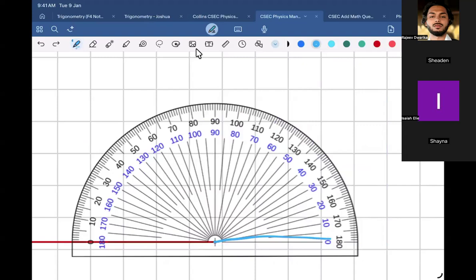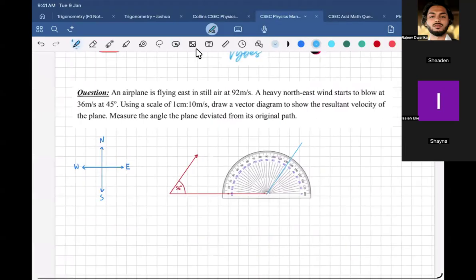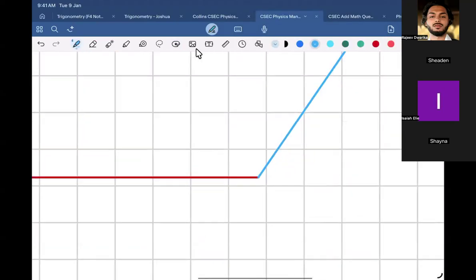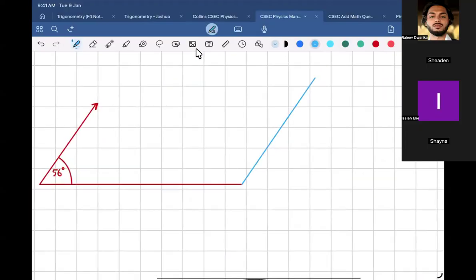Okay, so check this out. I'm going to measure 56. Tell me when to stop. Oh, sorry. Stop. Okay, I'm going to stop over there. So, ladies and gents, you all understand what I just did, right? I measured the angle between this force and this force, and I replicated it over here.